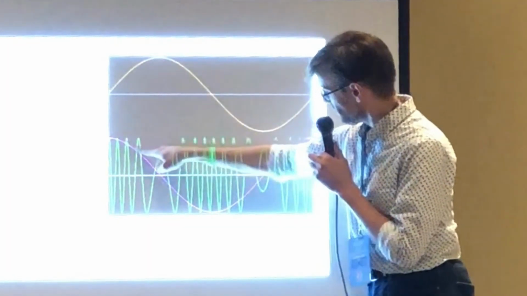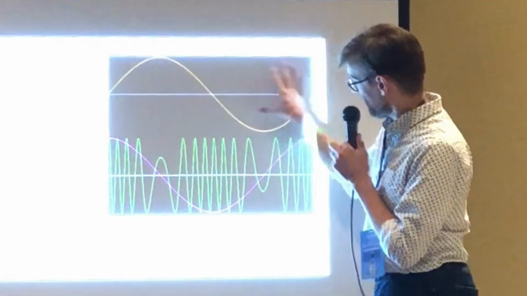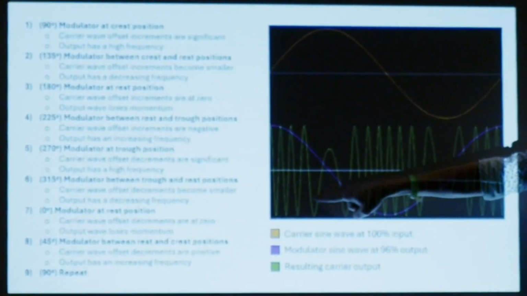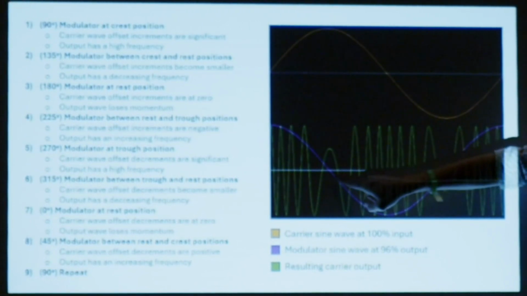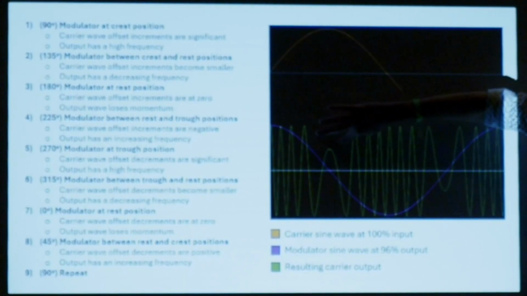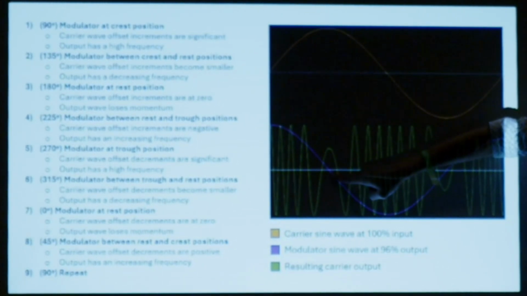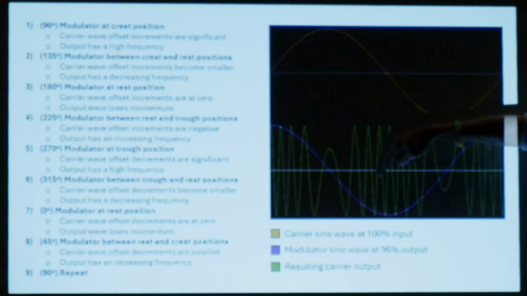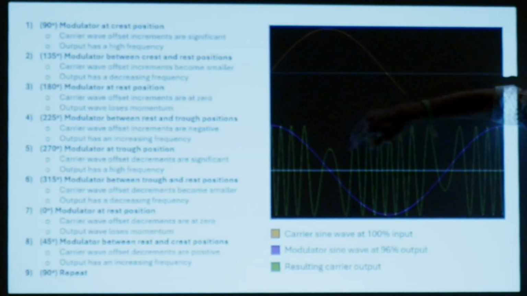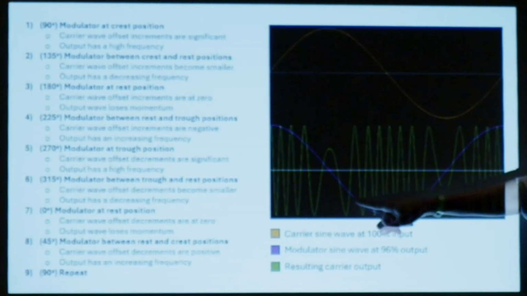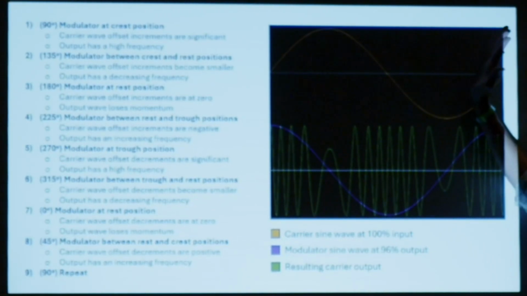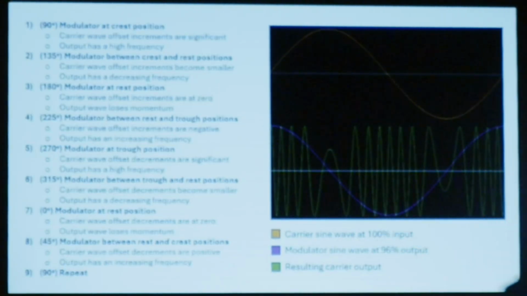As this signal goes down, this carrier wave is moving slower and slower, and these bands are getting wider and wider until this hits 0, at which point this thing stops. And then it starts going the other way. It's going to increase the intensity some more, but it's mirrored. When the modulator signal goes negative, it actually starts phasing this in the reverse direction.